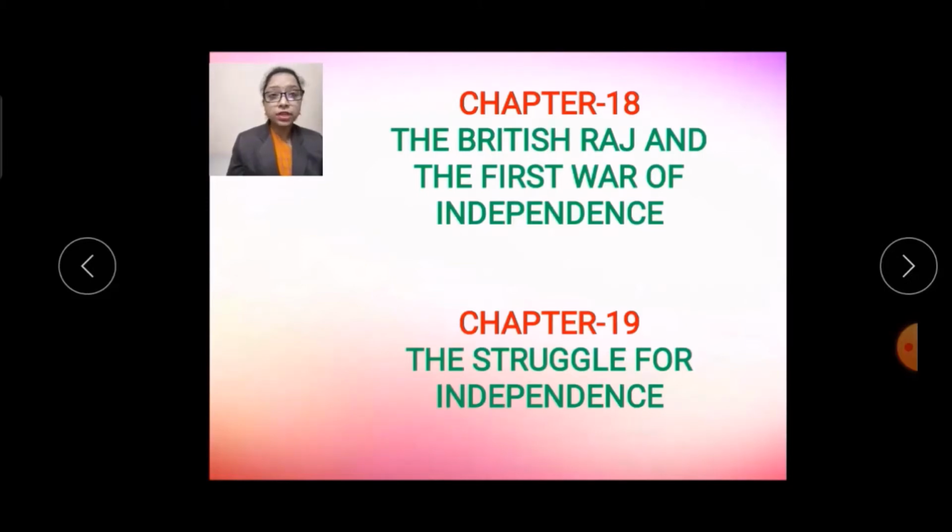Because nationalism was strong in Bengal, they divided Bengal into two parts, one for the Hindus and the other for the Muslims. But the Indians protested strongly against the division of Bengal. The British tried to ruthlessly put down the movement, but the opposition to the partition of Bengal was successful and the British were forced to reunite Bengal.